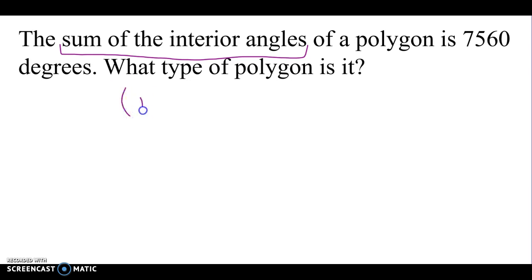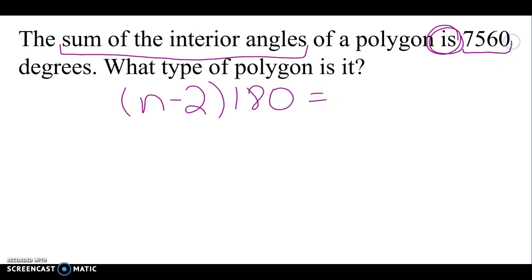Yep, so however many sides, n minus 2, times 180. Then we have the word is. What is in math? How do we write that mathematically? Equals. And then we have 756. So we have what it equals.